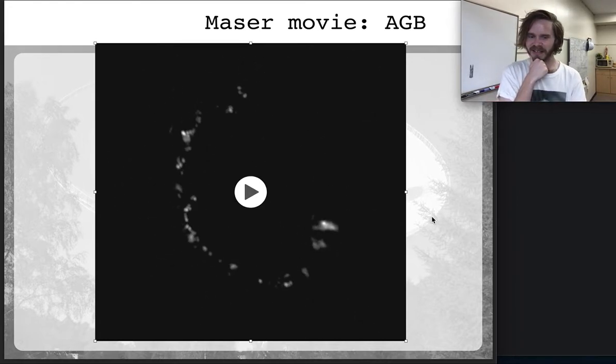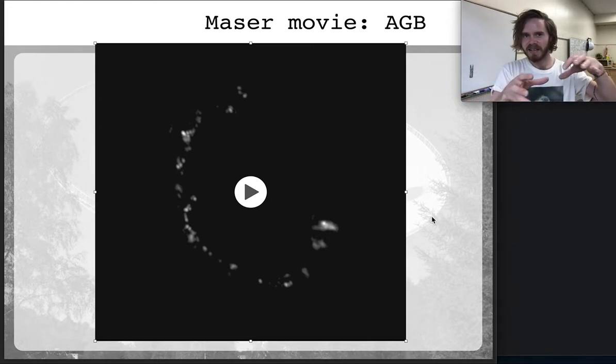Bearing in mind everything we've learned now, SiO masers are pumped by radiation. So what you're seeing here is the regions where the energy, density and temperature conditions are just right for the masers to be produced.